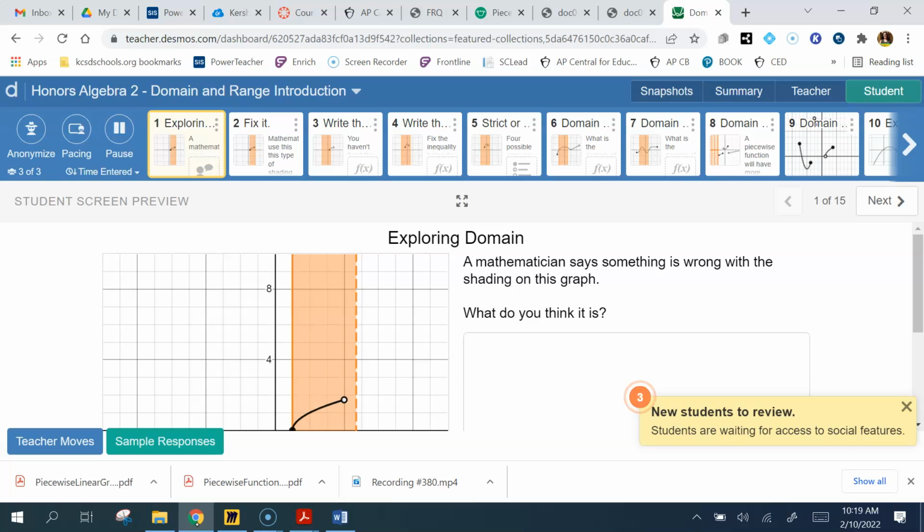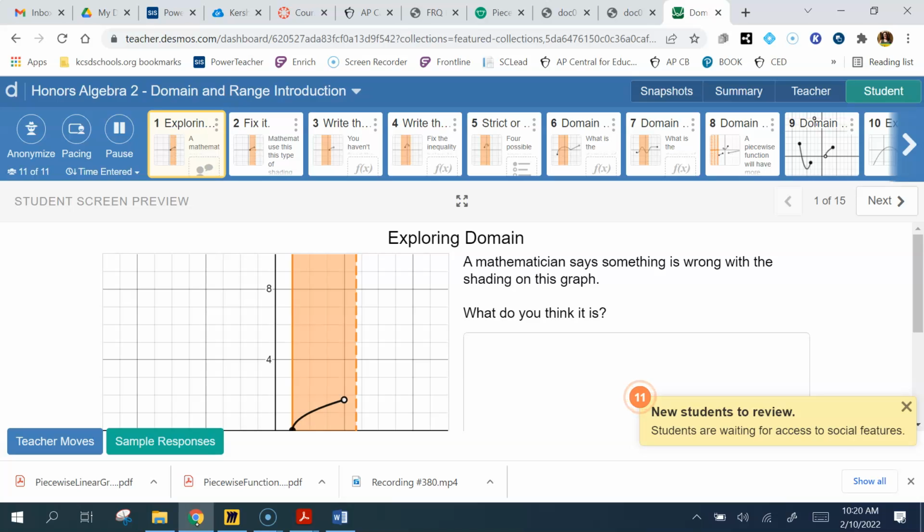Did y'all get in? I haven't seen anybody in yet. You'll just answer each question and it walks you through. The graphs are interactive, so they make it really easy where you can drag things around and play with it and look at how things impact.